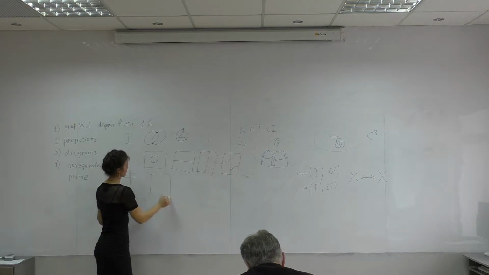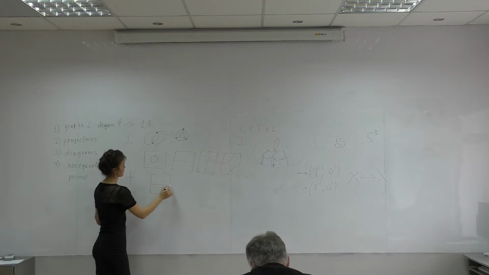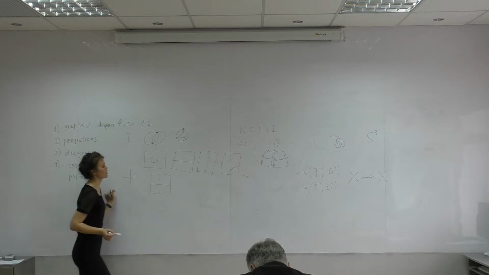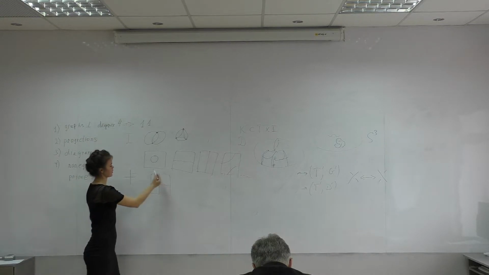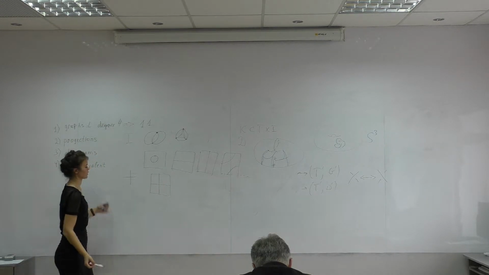On a torus, it can be only in the case when these circles are non-trivial and they are parallel on the torus.